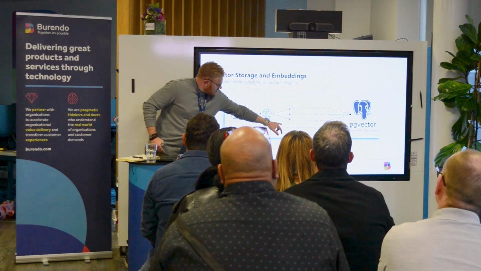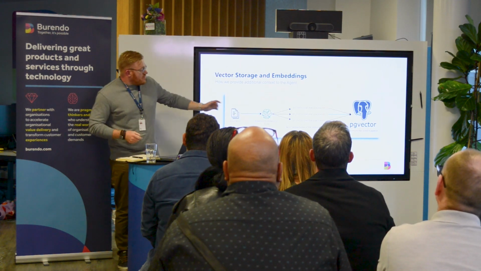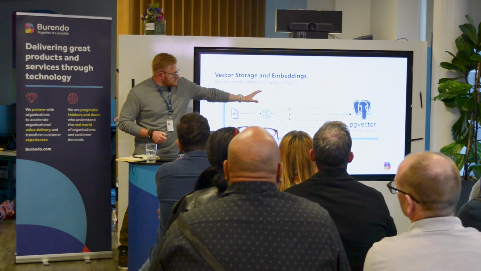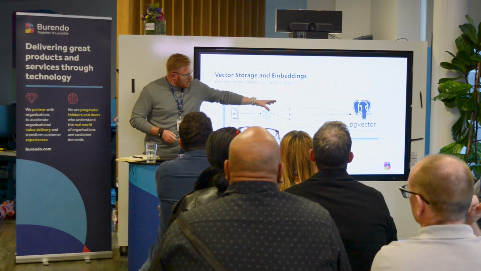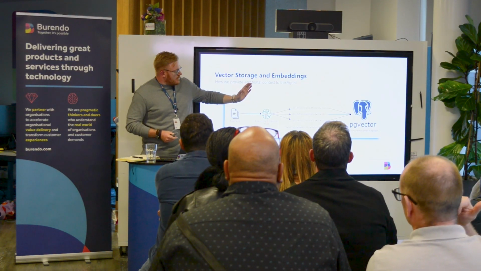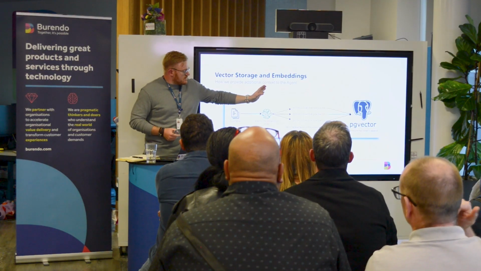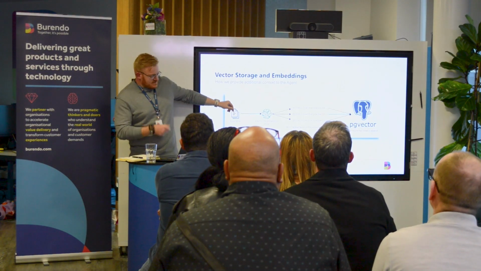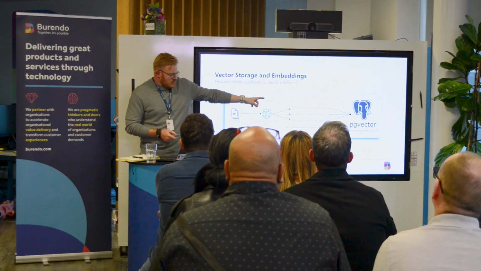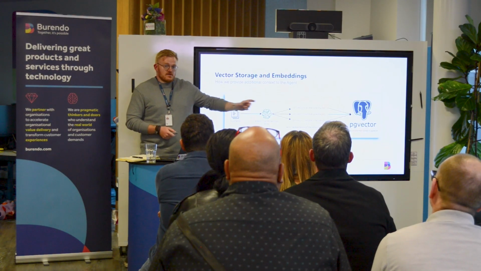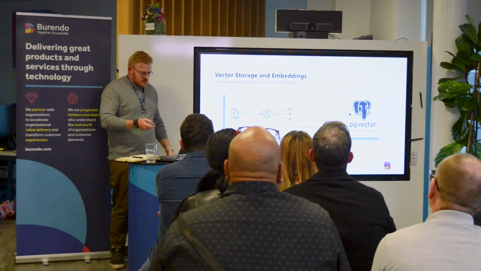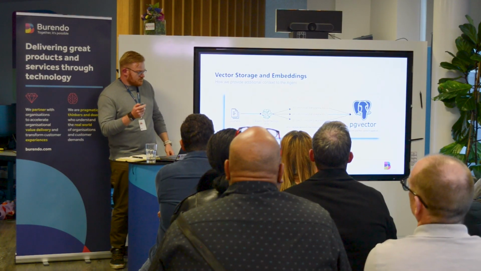And then they are stored for the first iteration on a local vector database. For the second iteration, which I'm going to go on to, they are stored in PG Vector, which is cloud hosted on RDS, but I will touch on that later.